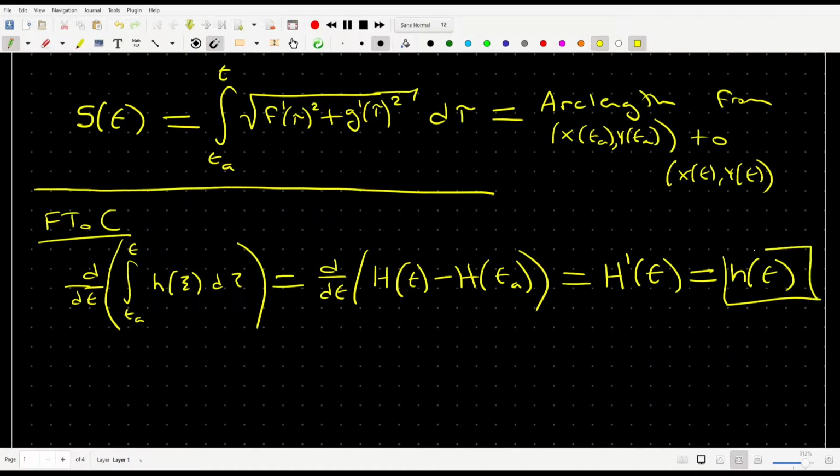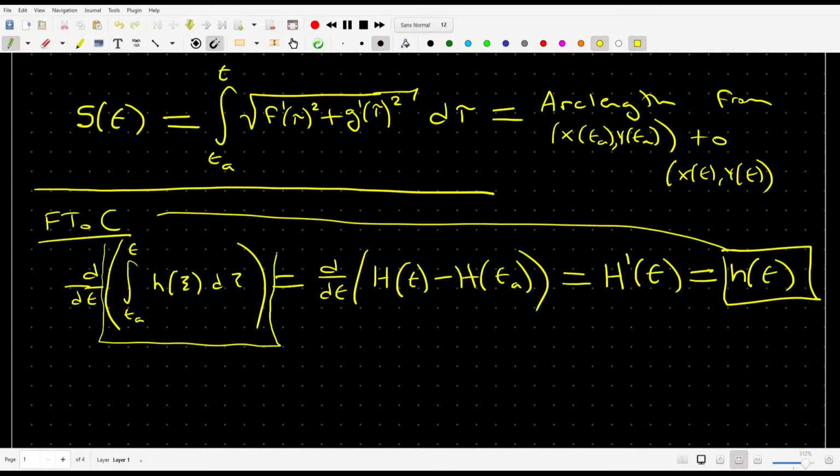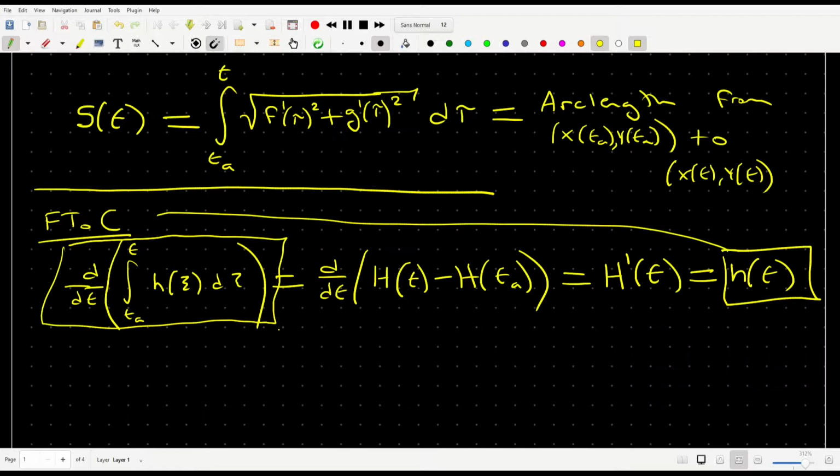And this is in general, right, for a continuous function h. And this entire thing will just be equal to h with the upper bound plugged in.